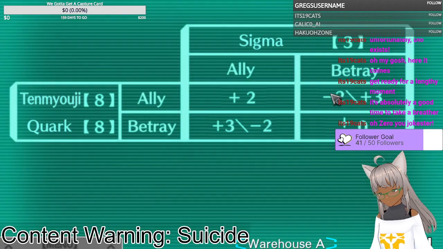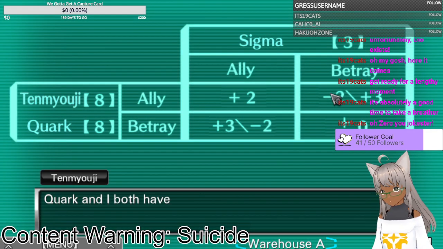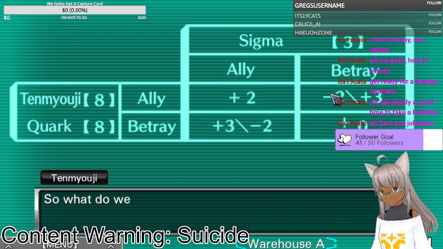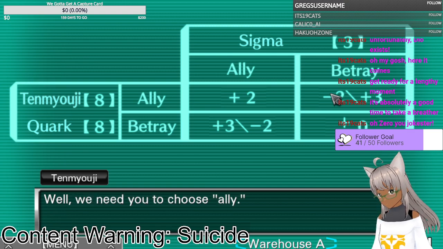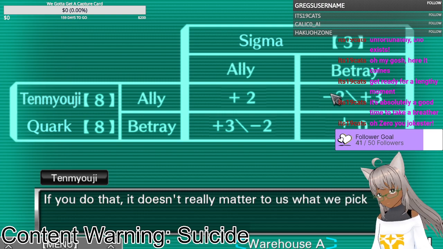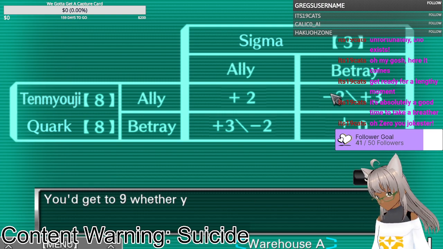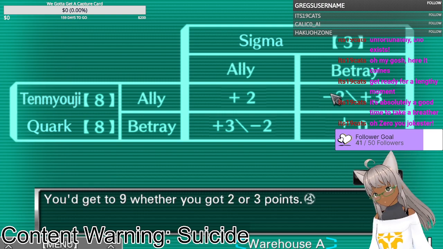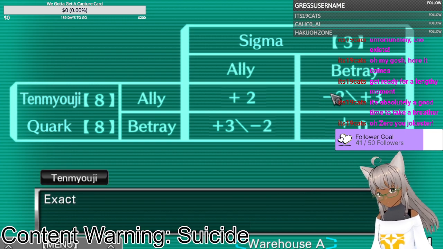Okay, go ahead. Quark and I both have 8 BP. We're already on the home stretch. So what do we need to get to the magic number? Well, we need you to choose Ally. If you do that, it doesn't really matter to us what we pick. You get to 9 whether you get 2 points or 3 points. Exactly.